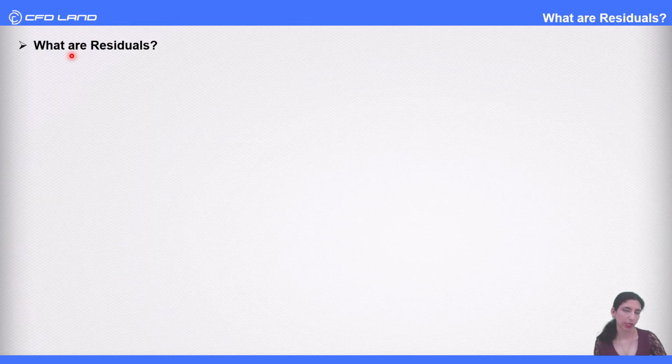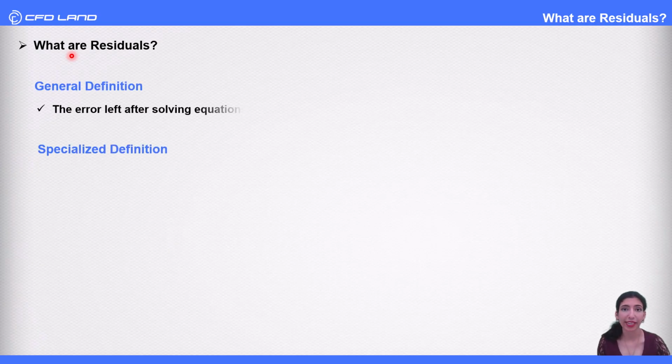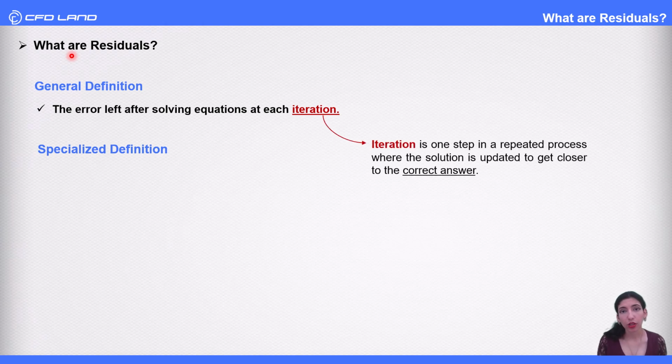What are residuals? Well, simply speaking, residuals are the errors that appear in our calculations after each iteration. Numerical solvers use iterative methods to solve a body of equations.